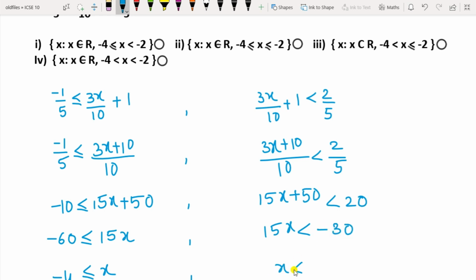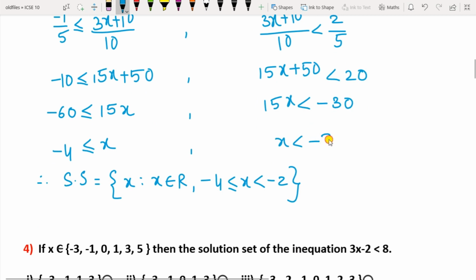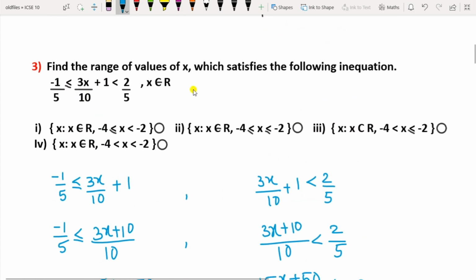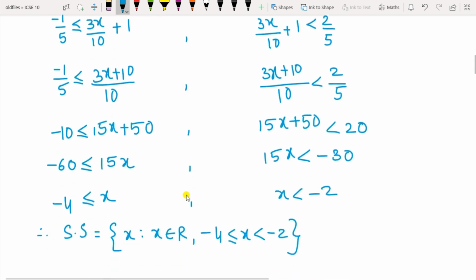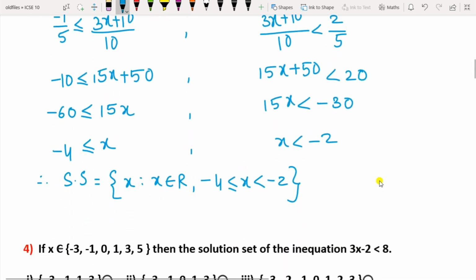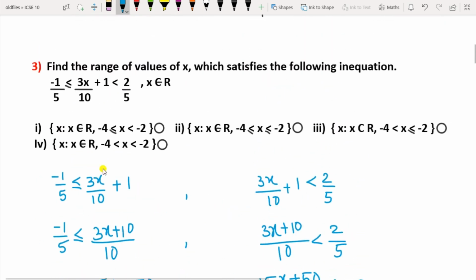Therefore x will be less than -30 by 15, that is -2. So as the set belongs to R, it is given in the question, x belongs to R, and combine these two results, you will get this result. So x is greater than or equal to -4 and less than -2. So which is the correct option? Greater than or equal to -4 and less than -2. So this is the correct option.